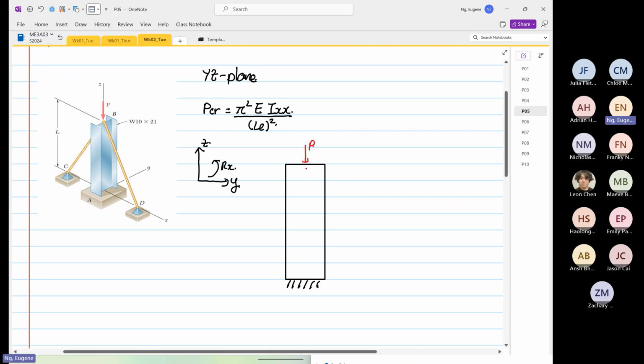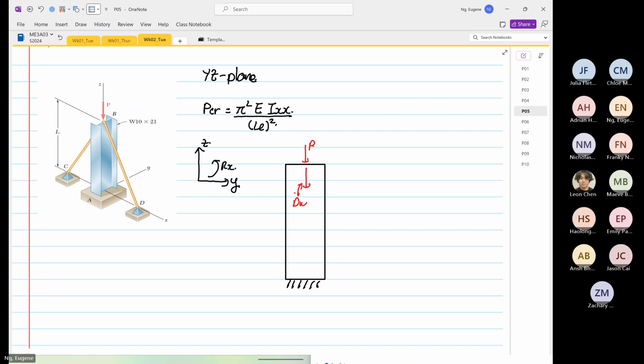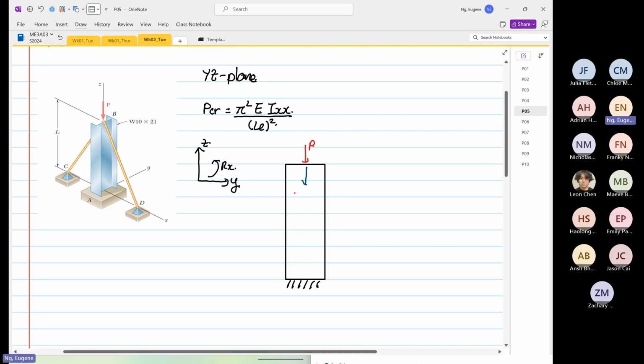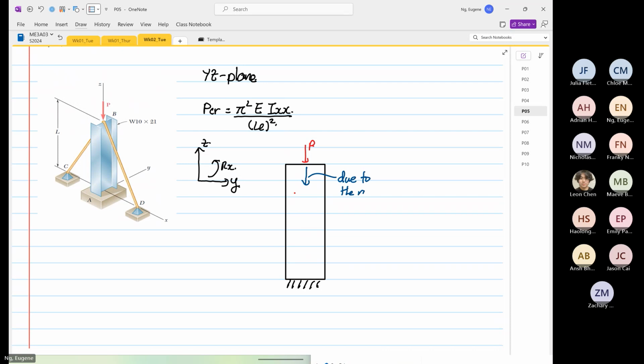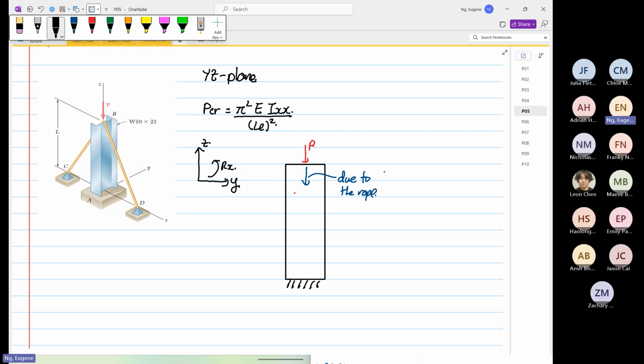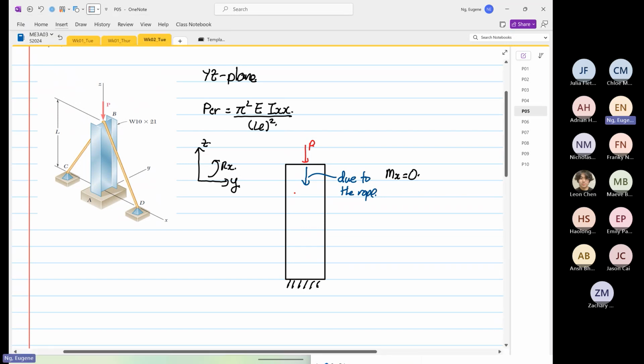And now we know that there is a force. This is due to the what? This is due to the rope. Okay, I'll write in a different color. So we know that the rope now is applied. This force is due to the rope. So what we realize over here is moment about X is equal to 0.